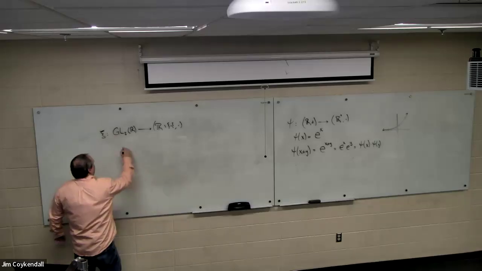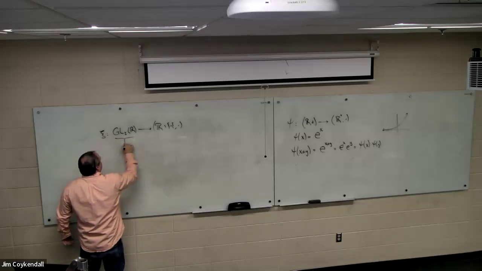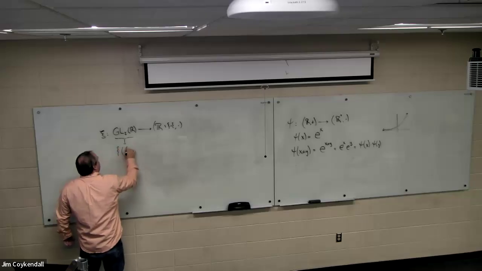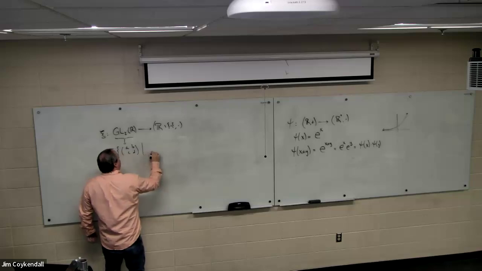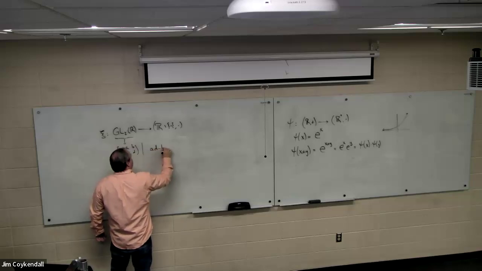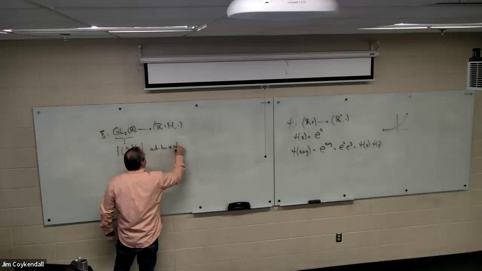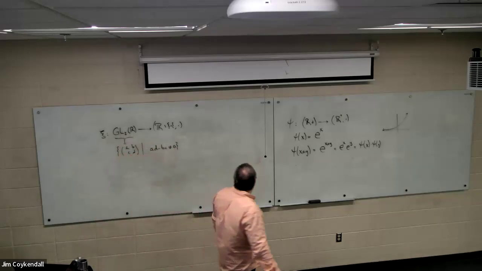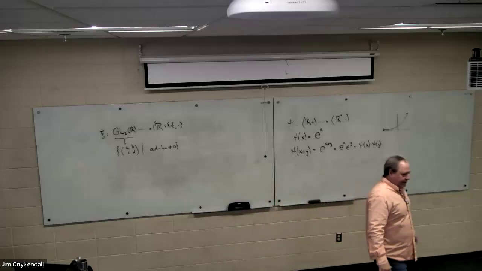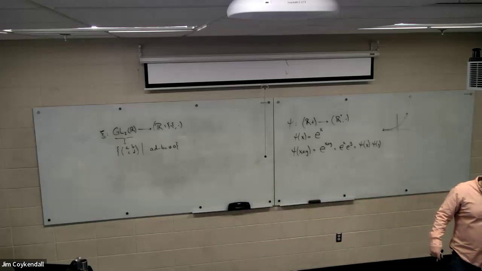Remember what this is. This is just the set of matrices A, B, C, D, where AD minus BC is not 0. So these are the 2 by 2 matrices with real entries and determinant not 0. My operation here is multiplication of matrices, right?